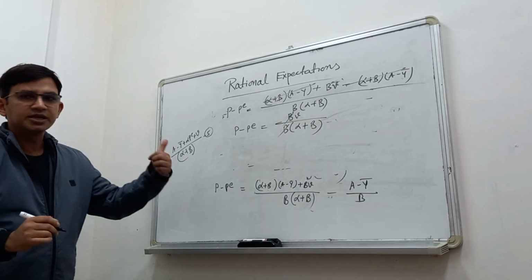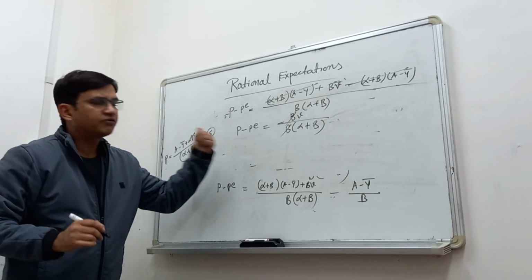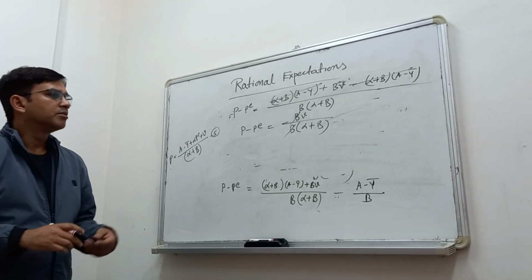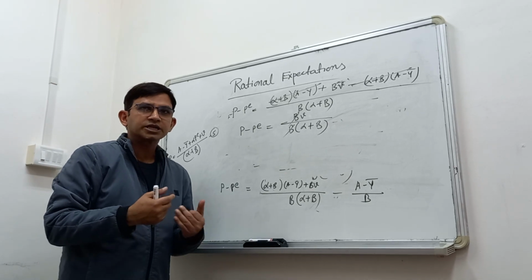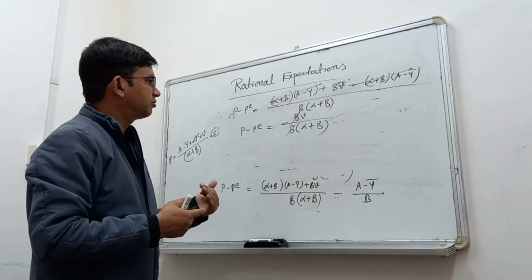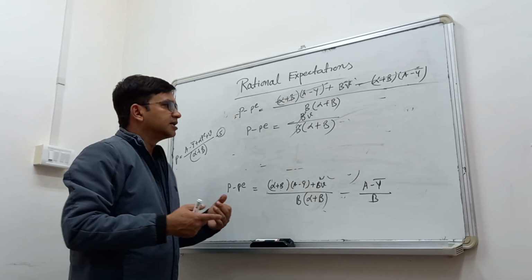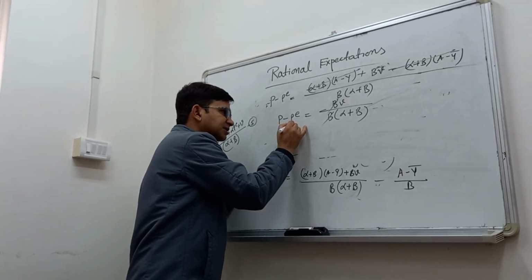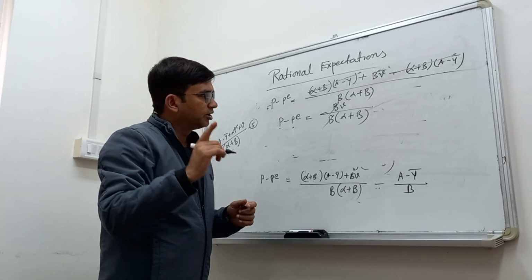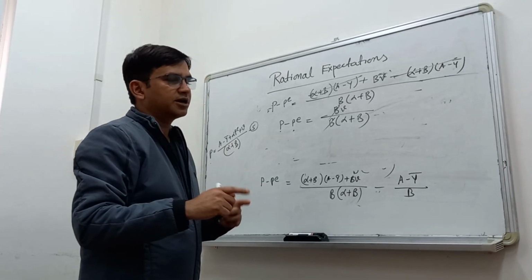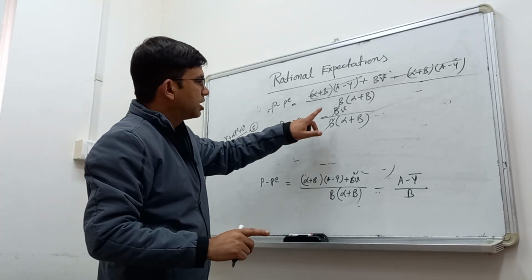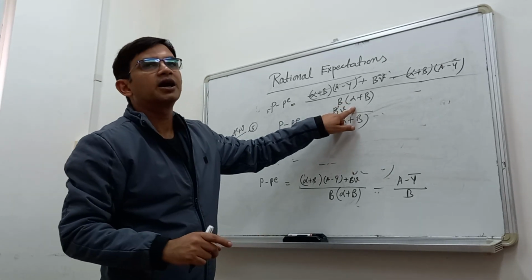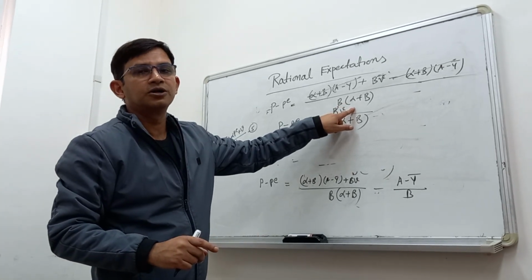So what we see, if people make a rational prediction of the behavior of all variables, then the difference between actual price and expected price will be positive or negative, that means non-zero, if there is any kind of supply shock.